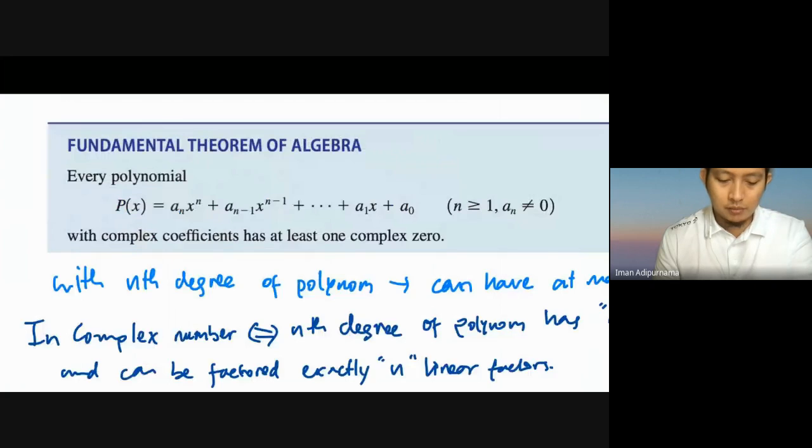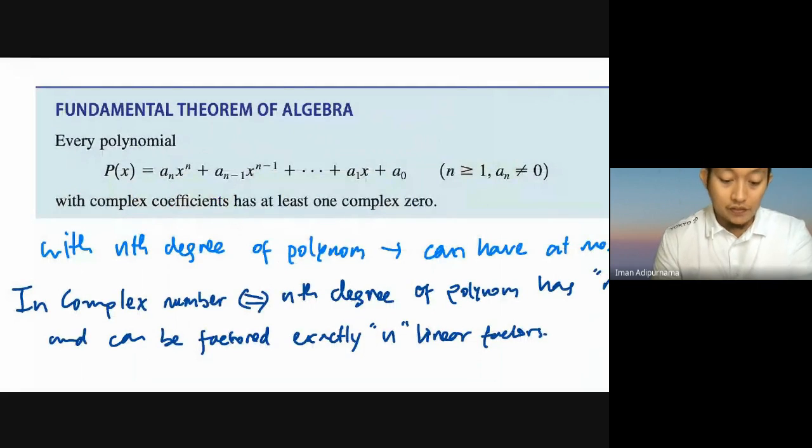And the fundamental theorem says that every polynomial P(x) with complex coefficients, with n at least 1, and the leading coefficient a_n not equal to 0, has at least one complex zero.